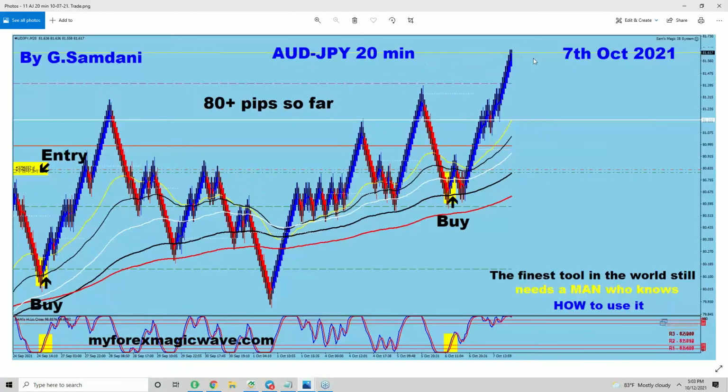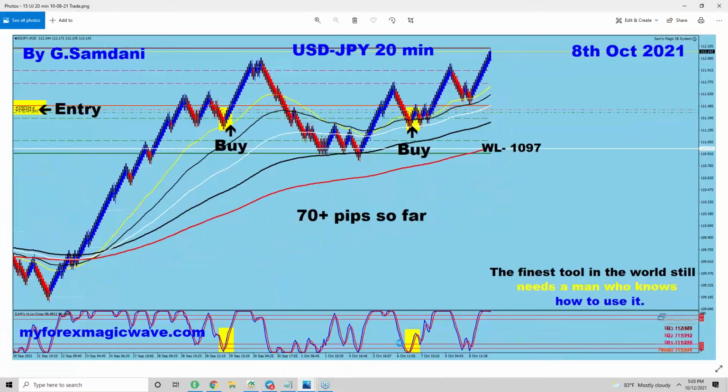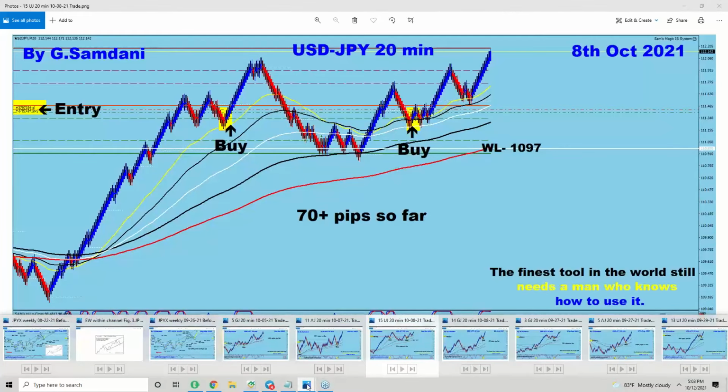Then here you can see Aussie yen on the 7th of October. Aussie yen went up for 80 pips, and then on the 8th USD yen, boom, it went up again for almost 70 pips. So these are the trades one by one.